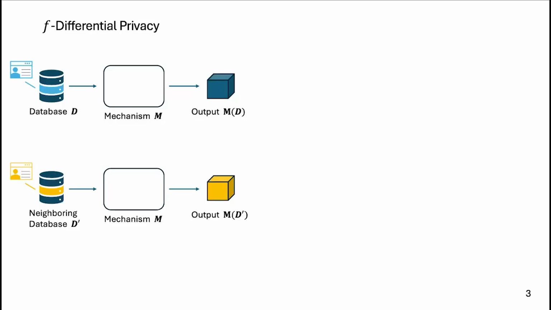We can then take a look at the output of our mechanism on these neighboring databases. And the idea of differential privacy is that the closer these two outputs are, the less any one individual in database D will have affected the output of our mechanism, which in turn means more privacy for the individuals in database D.